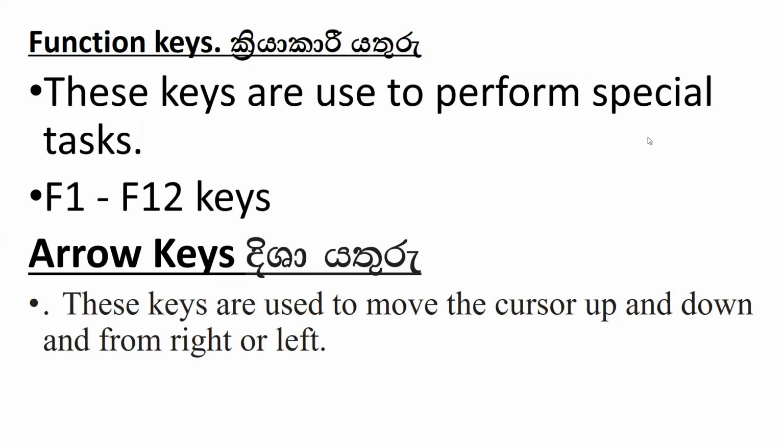So these arrow keys are commonly used in typing, and also if you are playing computer games, definitely you will use these arrow keys to move your objects. අපේ අර කාර් එක වෙන්න පුළුවන් නැත්නම් දුවන කෙනෙක් වෙන්න පුළුවන්, right? To move your object, we use these arrow keys.